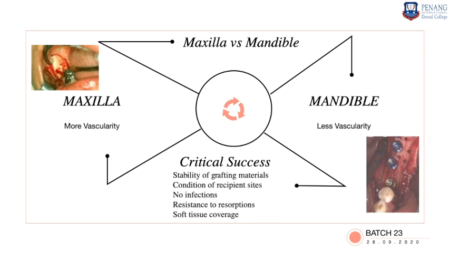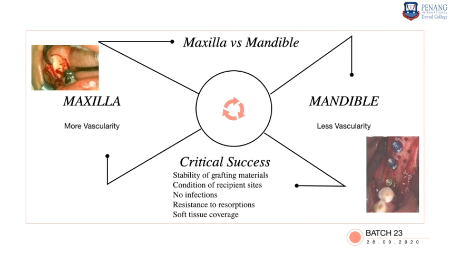So coming on to the critical success factors, what is critical for success when we are thinking about autogenous bone graft? Obviously the stability of the graft material, the condition of the recipient site, infection, resistance to resorption and soft tissue coverage after the graft placement. These are all the important things we have to note about success when it comes to regeneration.